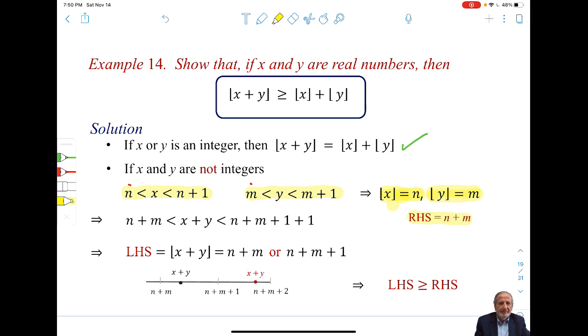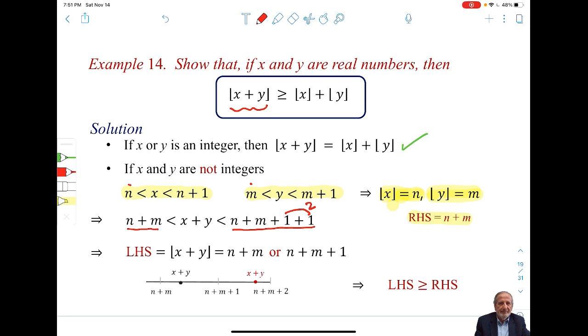We need to work on the left-hand side. So I add these: x plus y is between n plus m and n plus m plus 2.